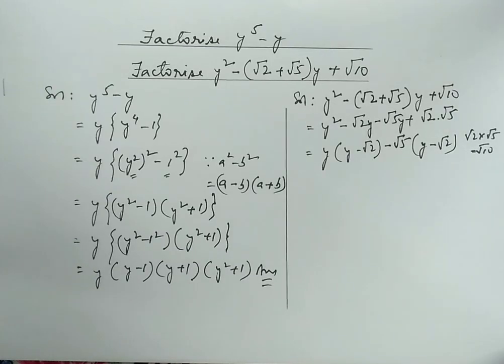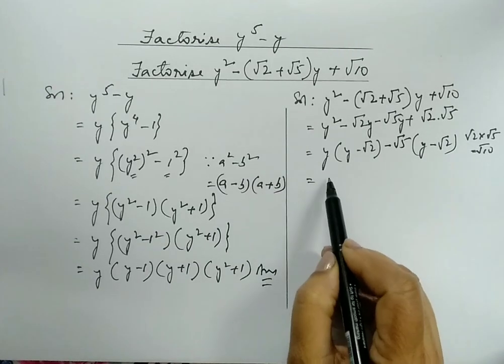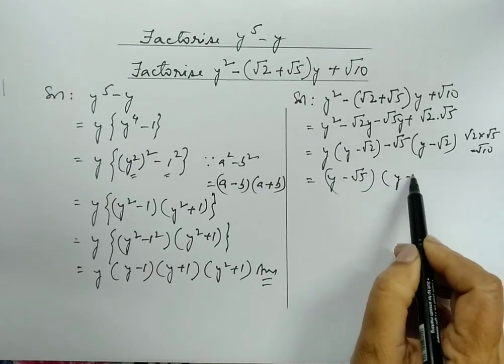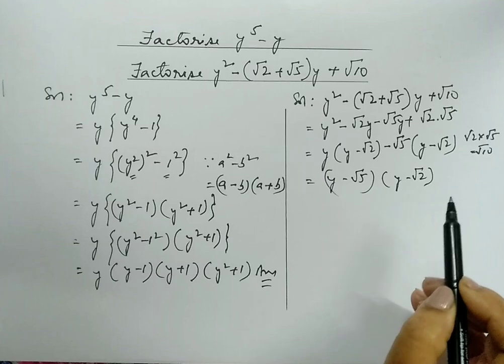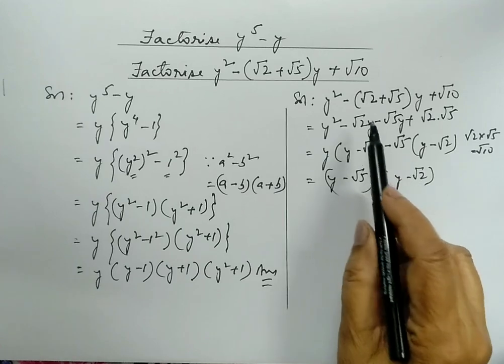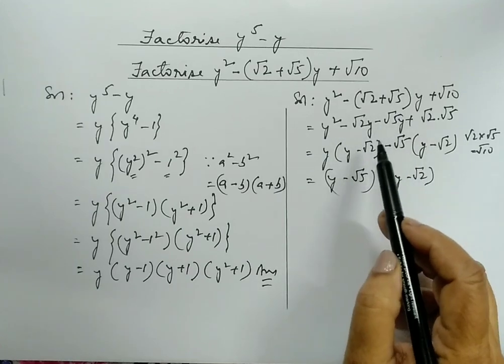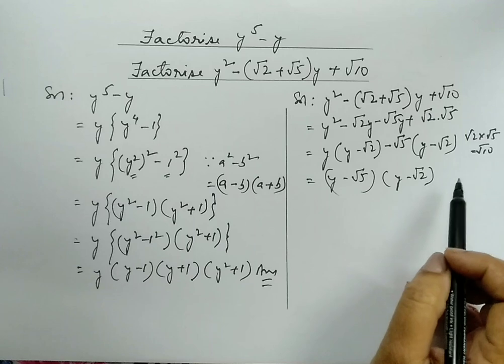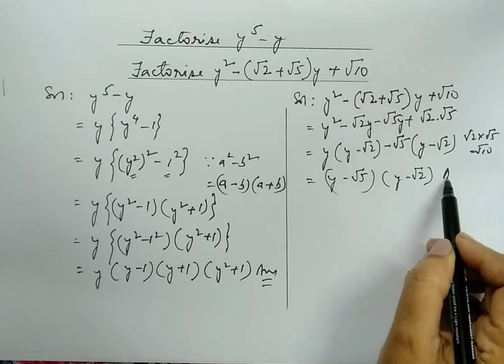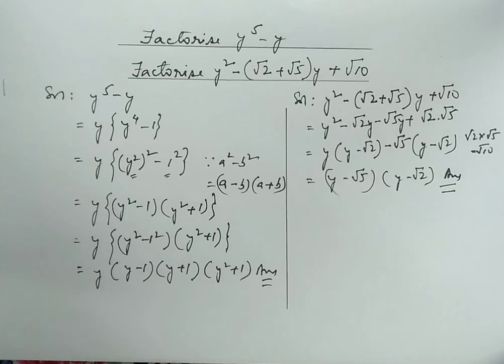Alright guys? So we are left with y minus root 5 and y minus root 2 as our answer. Isn't it? So this was very interesting. The only thing that we had to do was to try and open this and make possible factorization. So this is our answer.